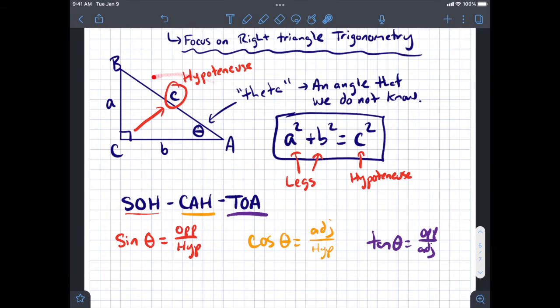One additional thing that I want to mention: looking at these ratios, we notice that some of them have opposites and some of them have adjacents. How do you figure out which one is which? Well, the word adjacent means next to.